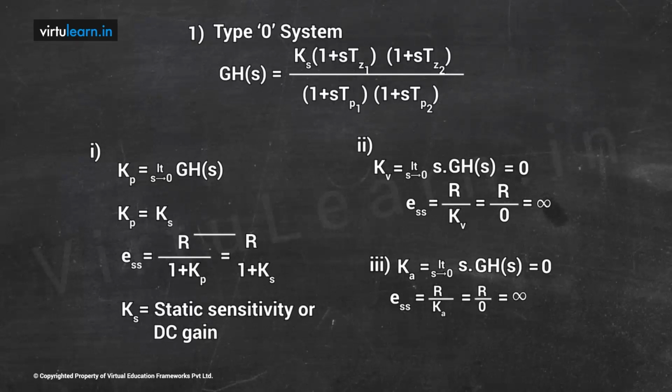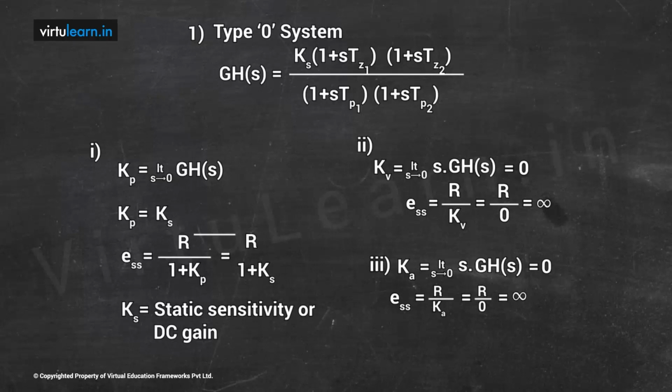Now we will calculate the error constants Kp, Kv, Ka. First Kp, we know the Kp formula, limit s tends to 0 GH of s. Now GH of s is available, we substitute GH of s here. Then what will be Kp? Kp is equal to limit s tends to 0, so we have a numerator and denominator. When you substitute s equal to 0, if you observe this time constant form transfer function, you have 1 plus s into Tz1.